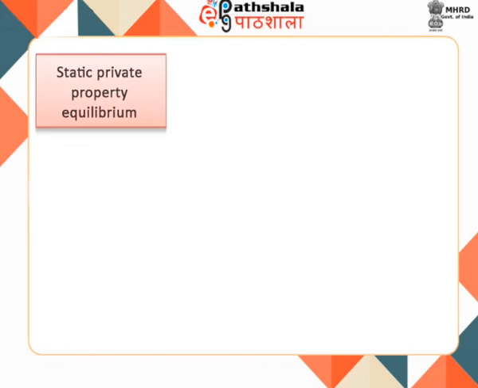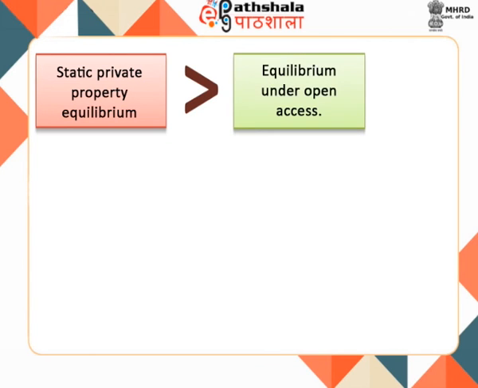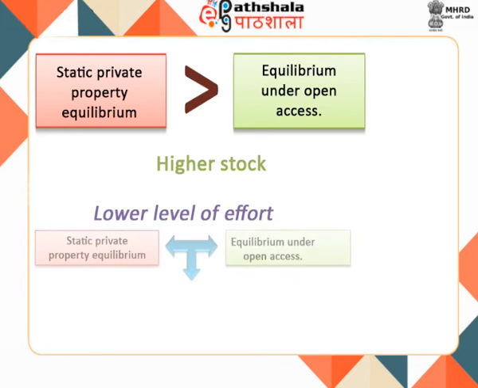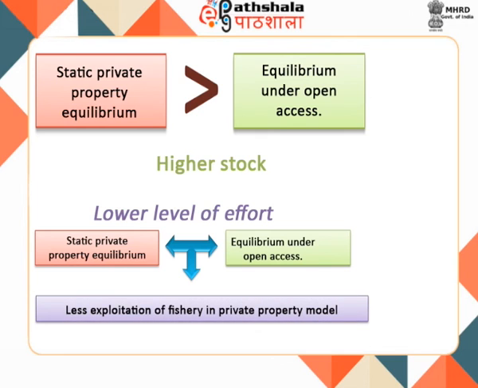Thus, the static private property equilibrium leads to a higher resource stock than that prevails under open access. The level of effort is also lower in comparison to the open access model, thereby suggesting less exploitation of fishery in the private property model under the assumptions made about functional forms.